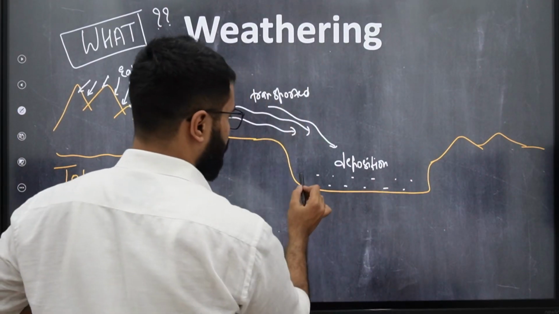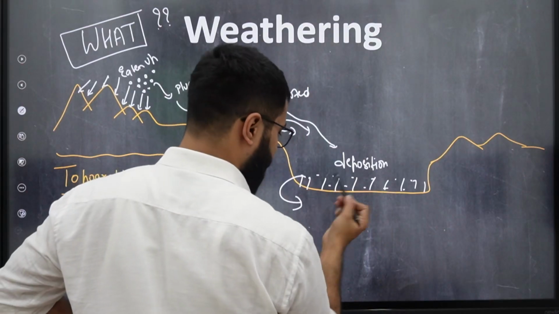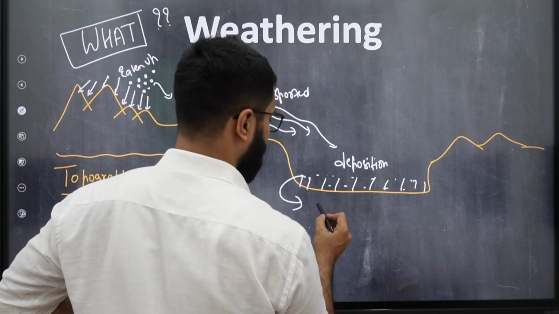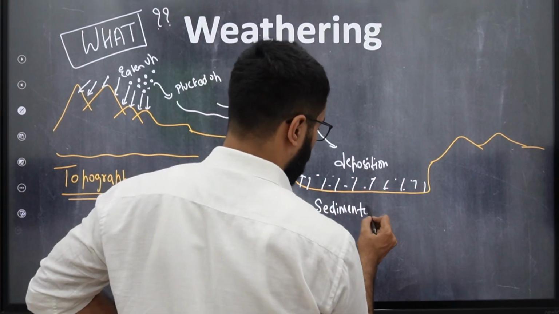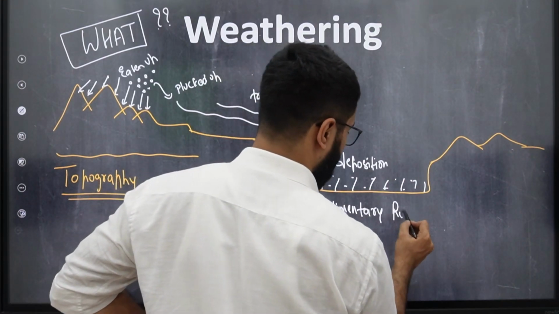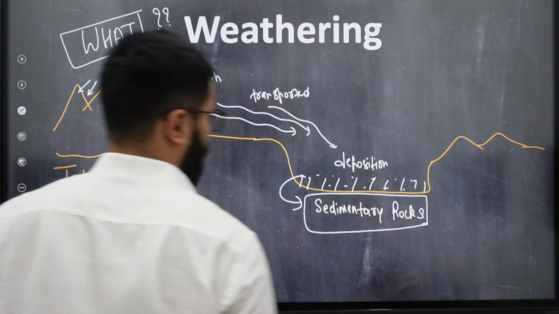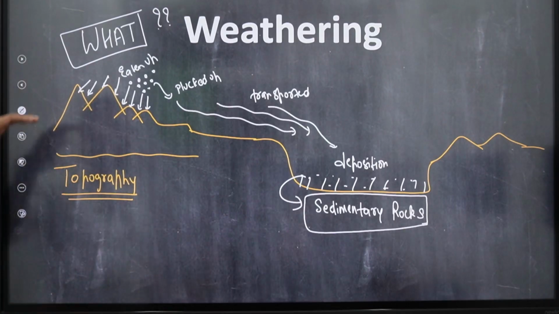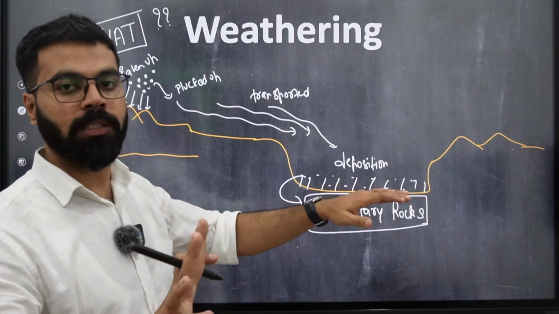Once the deposition occurs, with time it gradually gets cemented and by the process of diagenesis converts into what is known as sedimentary rocks. So this journey is all about geomorphology and sedimentology.